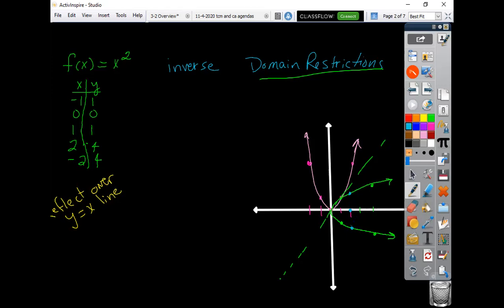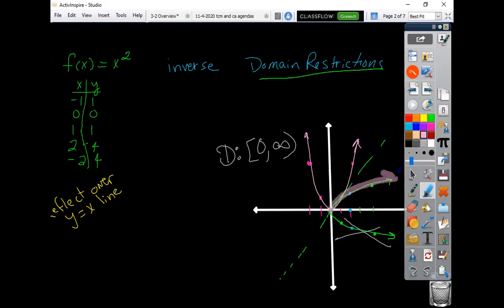So in this case, what we do is we take the bottom part of this graph and we take that part off. So if you use the original parabola's right arm and you go from 0 to infinity for the domain, then because of that, you would only have the top part of this parabola and not the bottom.